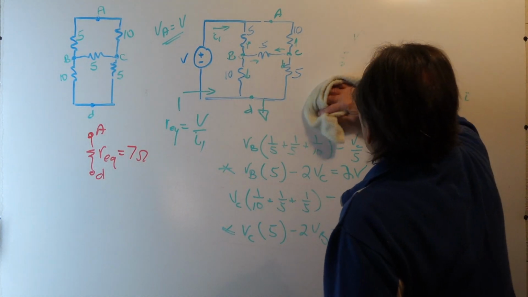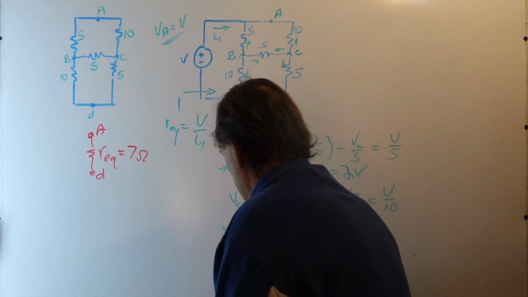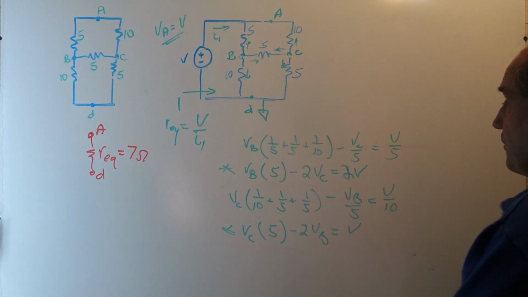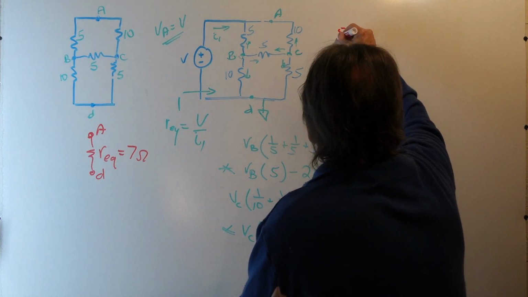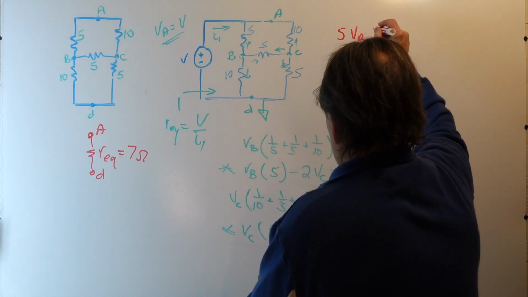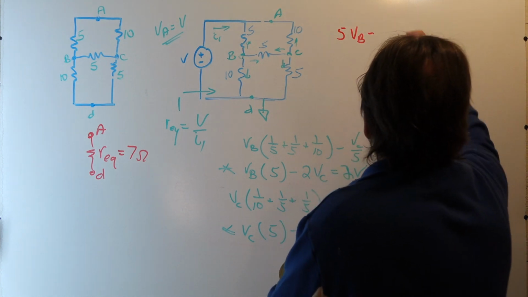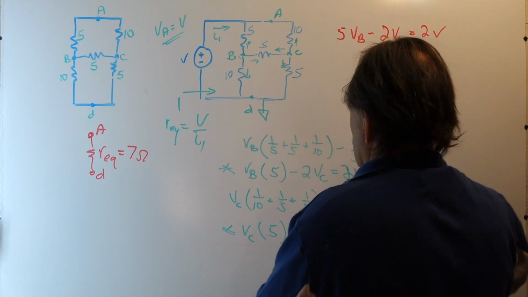So these are our two node equations. I'll rewrite that up here. So our new two node equations: I have 5 times VB minus 2 VC is equal to 2V.